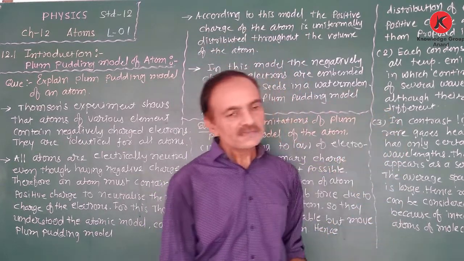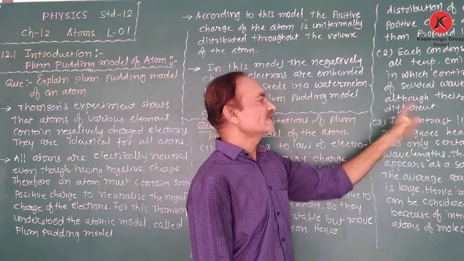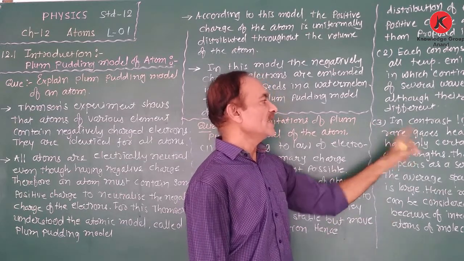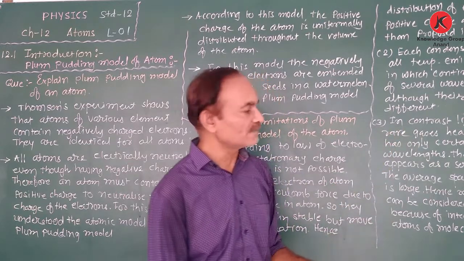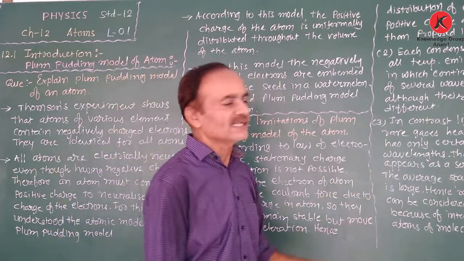Okay. Next, in contrast, light emitted from rarefied gases heated in a flame has only certain discrete wavelengths. The spectrum appears as a series of bright lines.